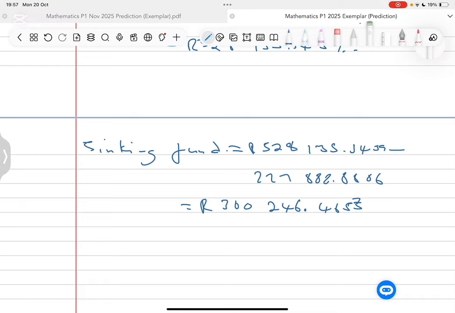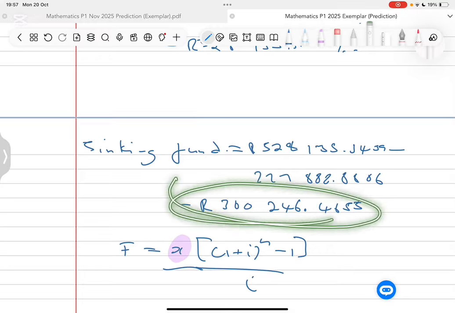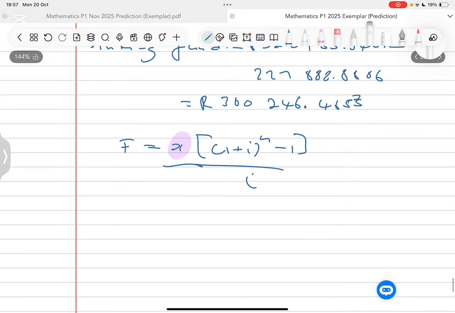So this means now I can use a future value equation where I say the future value of this machine will be given by x times 1 plus i to the power n minus 1, all over i. And then what we are going to look for here is the payments that we have to make every month, for us to reach this amount in future, because we know that this will be the future amount of the machine.